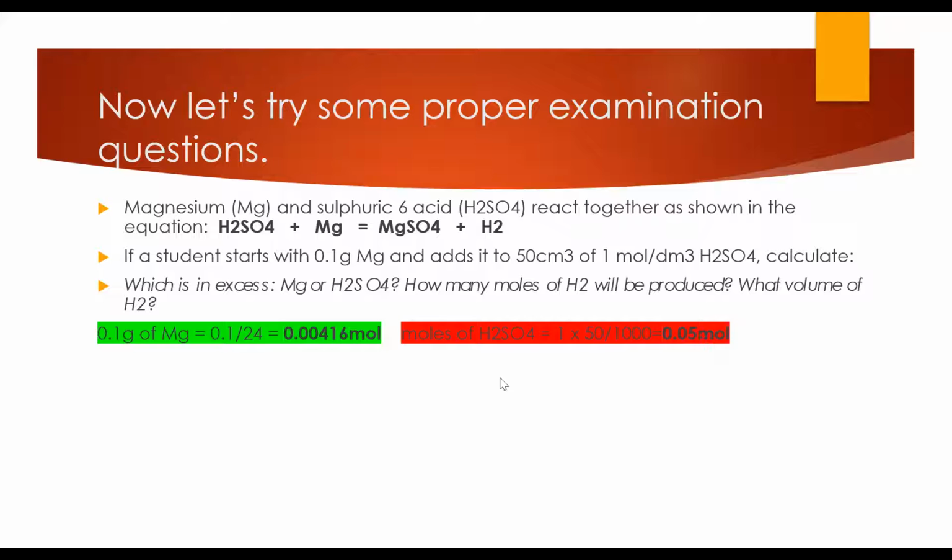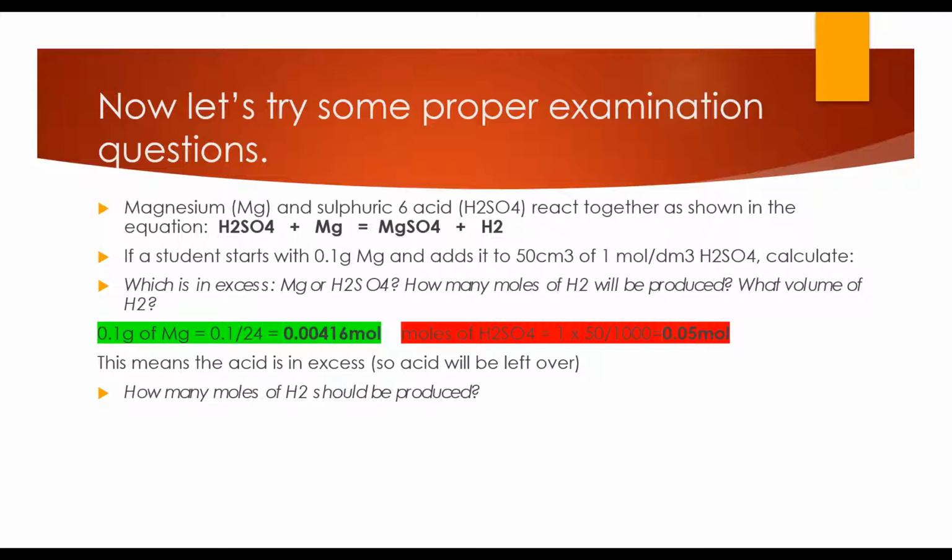So which one is in excess? The H2SO4 is in excess. There is about 10 times as much. So really straightforward, the acid is in excess. In that reaction, all of the magnesium will be dissolved and we will get some hydrogen, magnesium sulfate, and some excess acid.